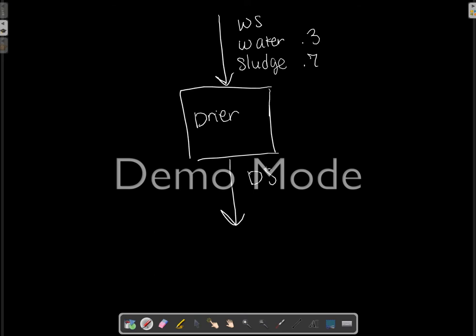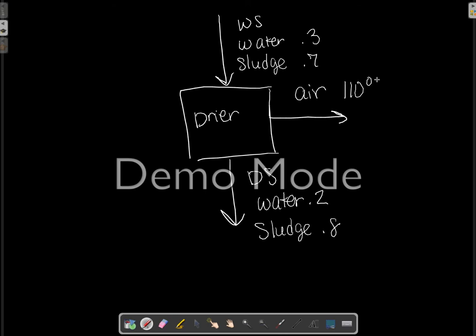But we're going to say it still has some water in it, but it's reduced to 20% water by weight. And sludge is going to be 80%.